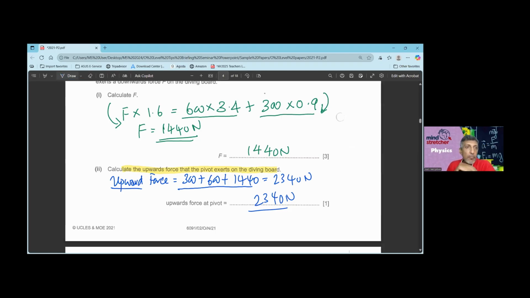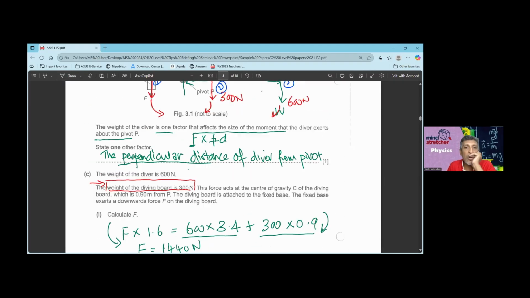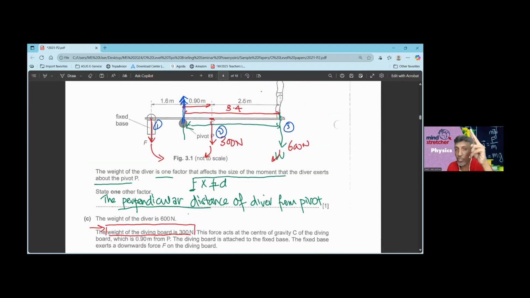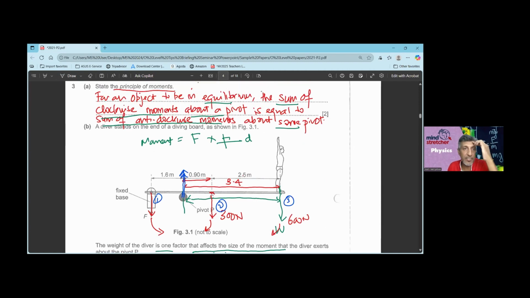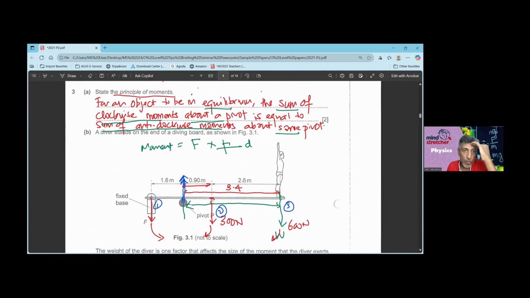Okay, everyone, this is how I will do this question here. Yes, I can explain why I add it up. Remember, there are two conditions of equilibrium. One is that the sum of clockwise moments must be equal to the sum of anti-clockwise moments.